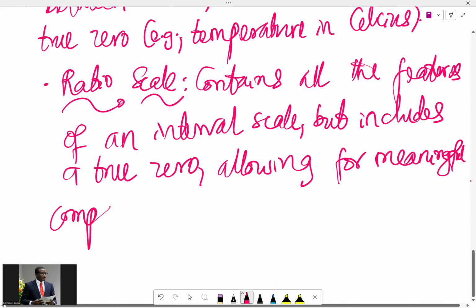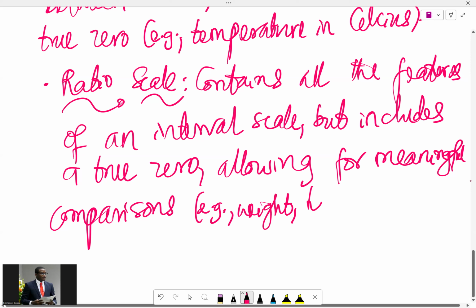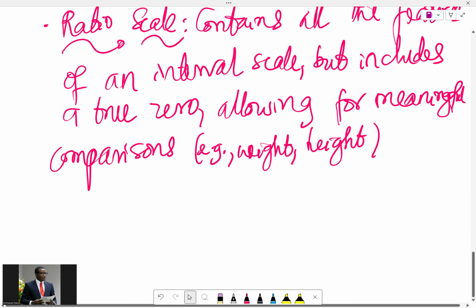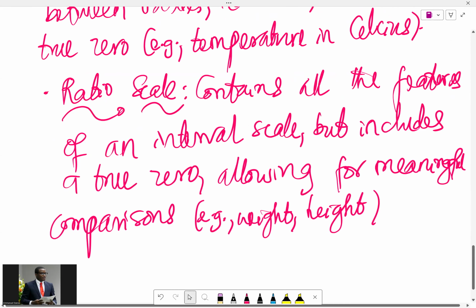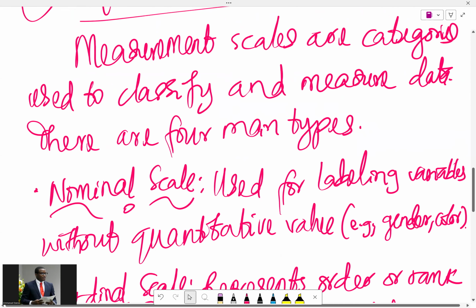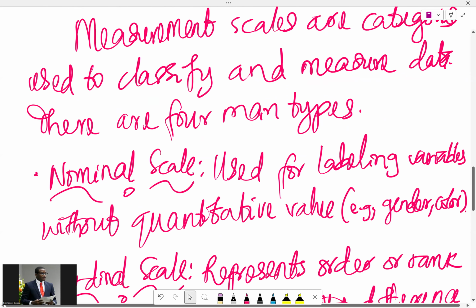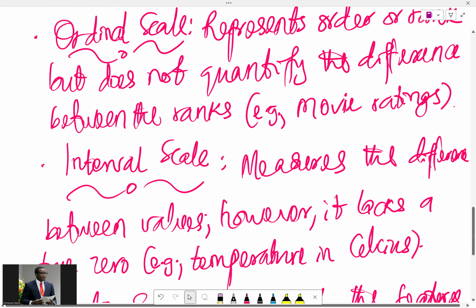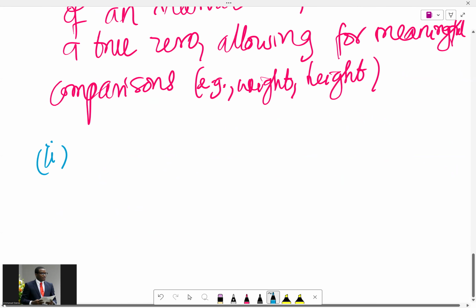When there's no true zero, like in the case of temperature, you can't really compare per se. For example, weight. If you say something weighs 0 kg, that means the thing simply does not exist. Height, if you say something is 0 meters long, it doesn't exist. Okay, so that's about measurement scales. Then we move on to number two, which is hypothesis.